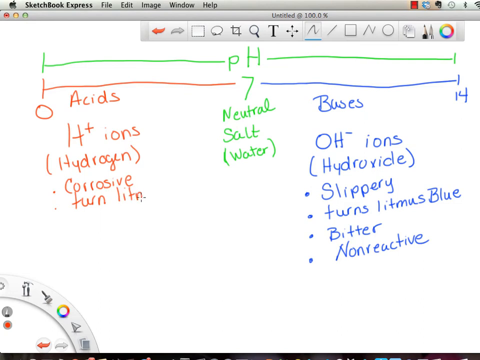Remember, litmus is an indicator type paper that helps you to indicate whether something is an acid or a base. And there are natural litmuses, or natural indicators, like red cabbage juice and hydrangea bushes. Acids are sour and they're reactive. Okay?